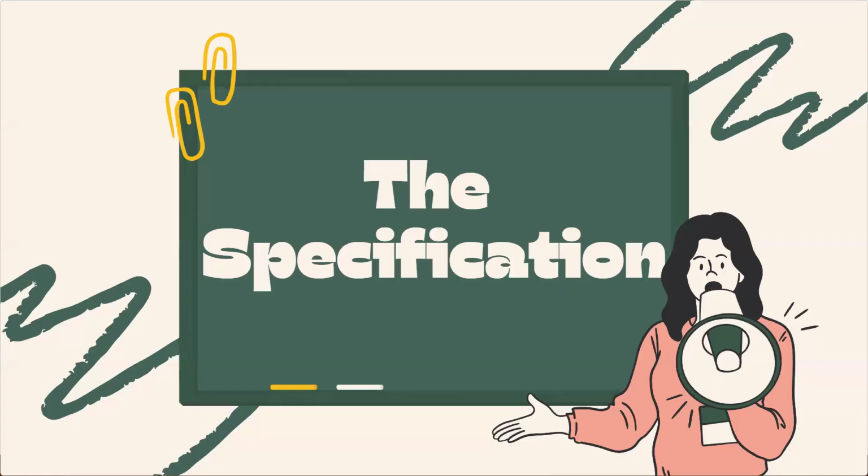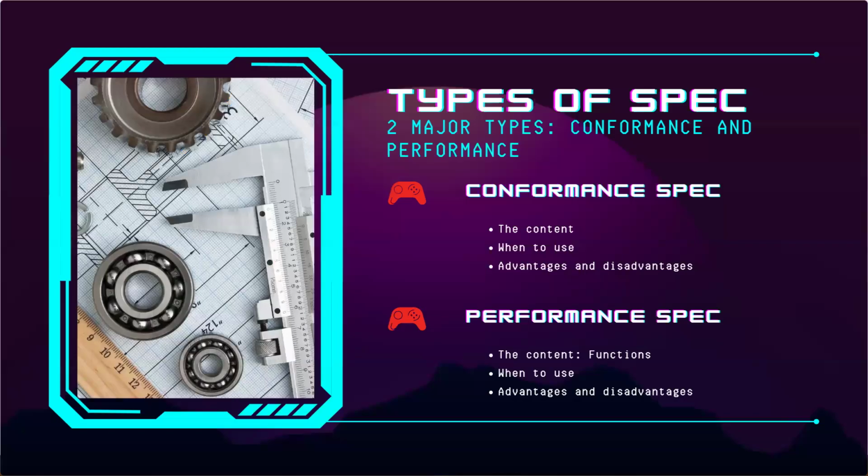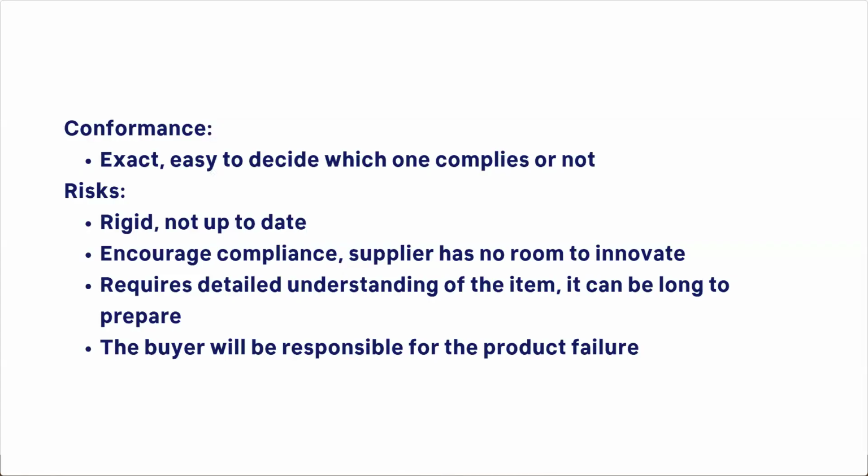And again, we look at two different types of specification, that is conformance and performance. Now, we also look at the content, the advantages and disadvantages of these specifications. I think that it is pretty clear now for every CIPS student, especially when you already studied L4M2.